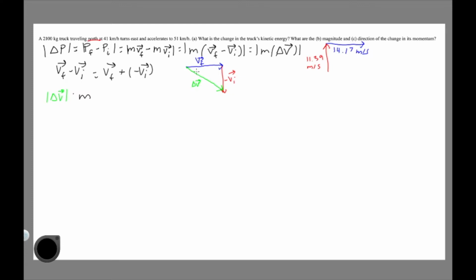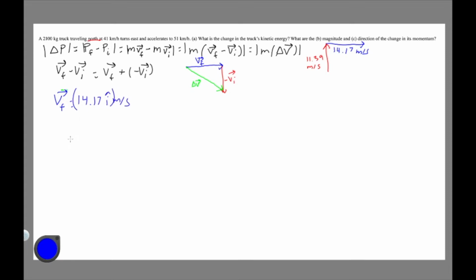So we can say that VF is going to be 14.17 i hat meters per second.